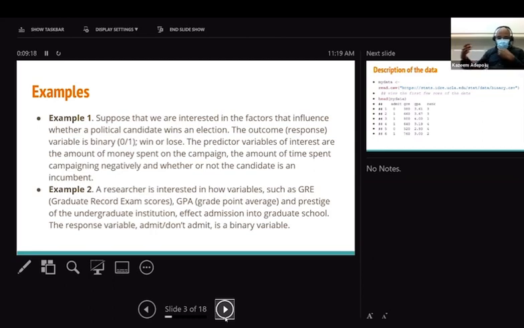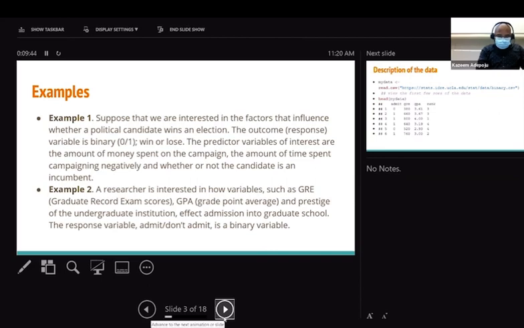That may include your GPA, your GRE, and where you finished your undergraduate degree, whether it has prestige or not. So they put all that into consideration. This is another example of a logistic regression model.